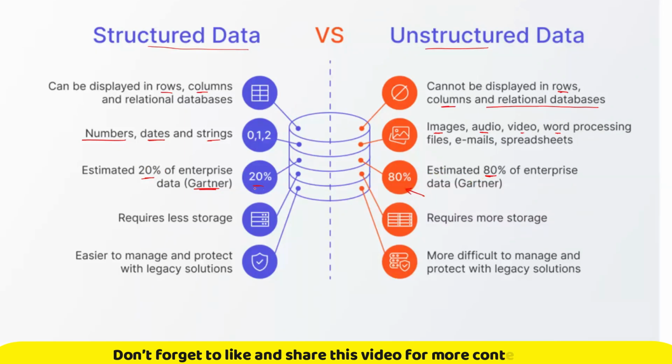Earlier it was huge, but now it is getting more and more share, and it is more useful to make any decision. And definitely there is huge weightage in making a business decision using the unstructured data.